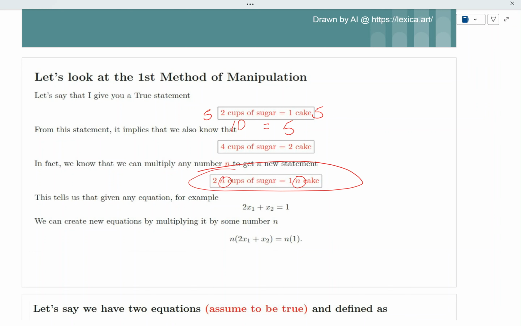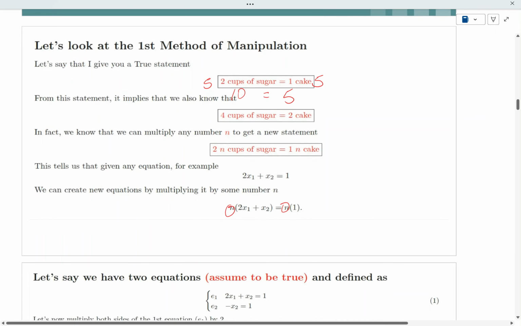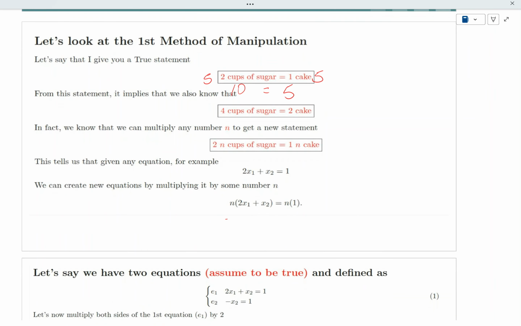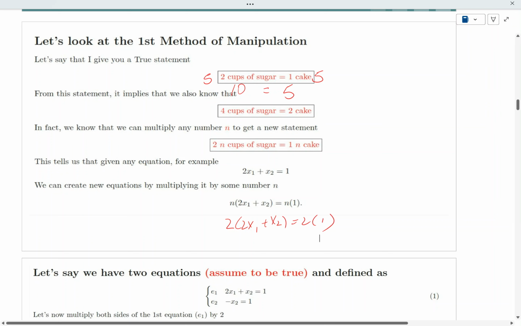And this tells us that if we convert these into equations, such as 2x1 plus x2 equals 1, we can manipulate this equation as well, simply by multiplying by any number. So if you put 2 here, 2x1 plus x2 is equal to 2, right?